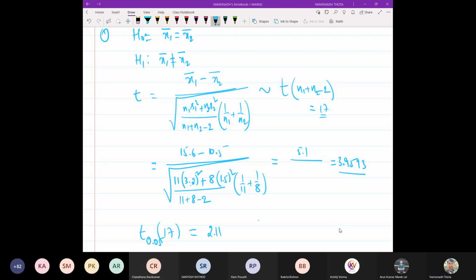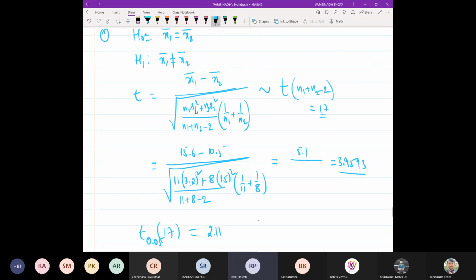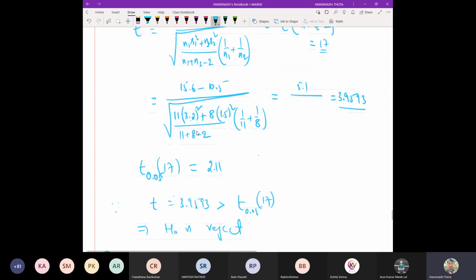Sir, the variance is given, so it won't be 3.2 squared, it will be just 3.2 alone. In that test statistic for t, you are saying S1 only, not S1 square. No sir, it's S1 square, but the value of S1 square is given, actually 3.2. Oh, okay. Yes, you are right. S1 square is 3.2. Thank you.